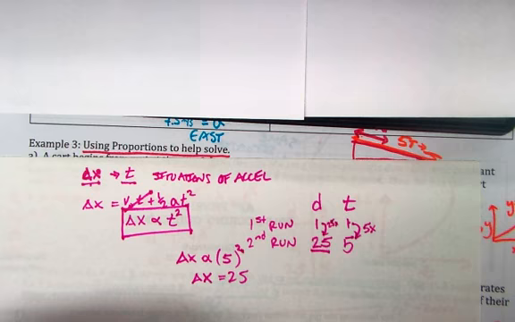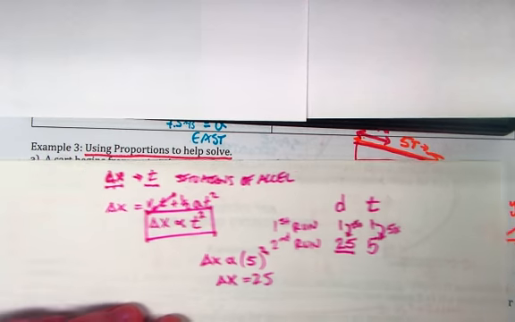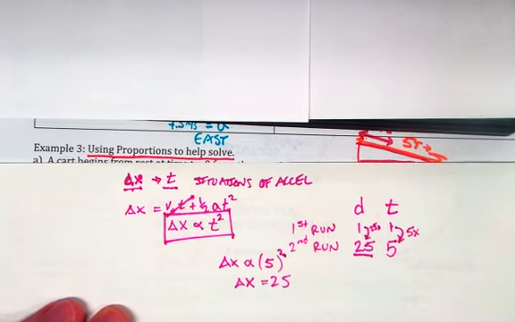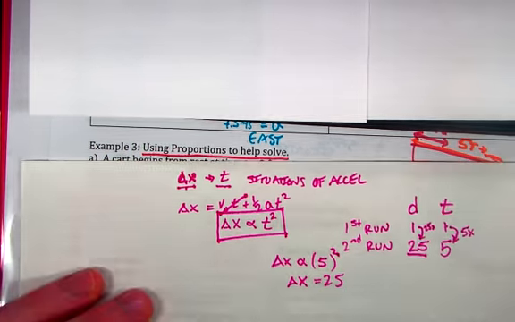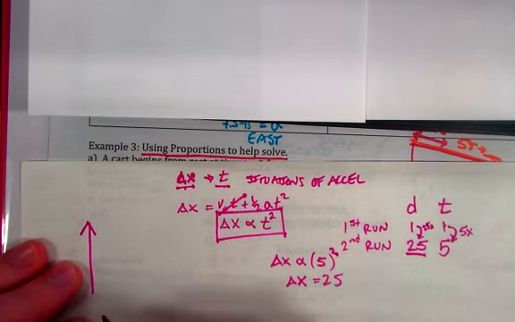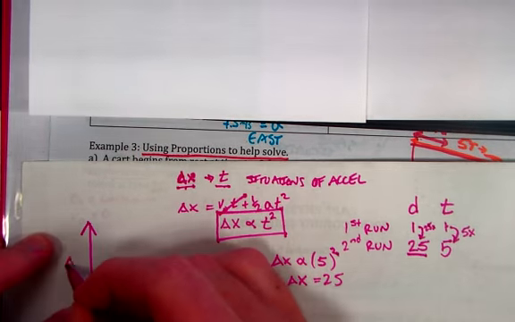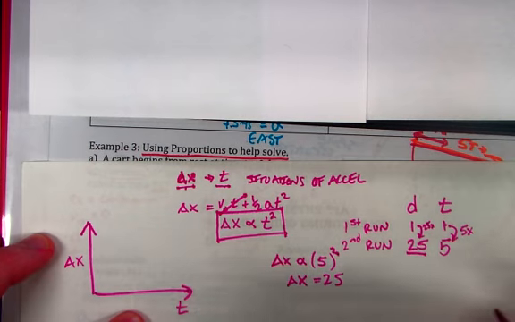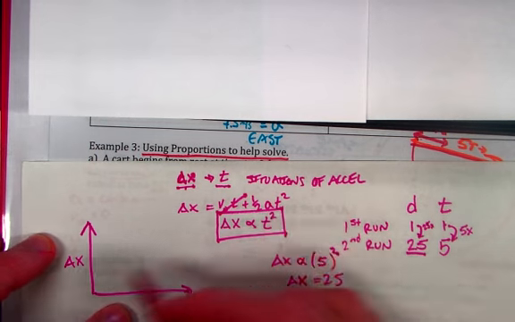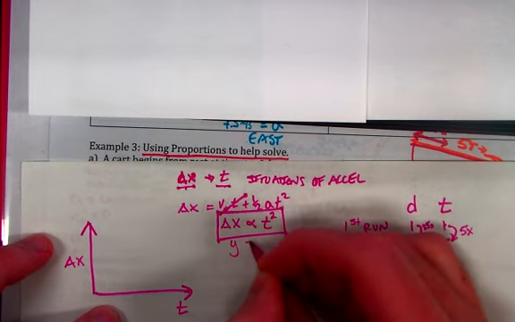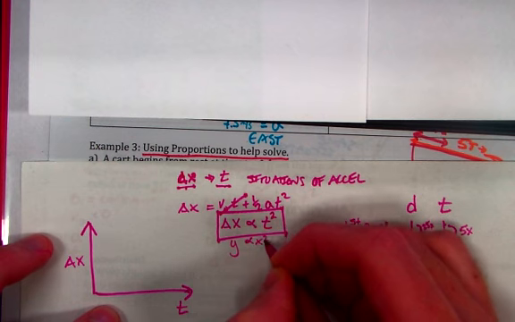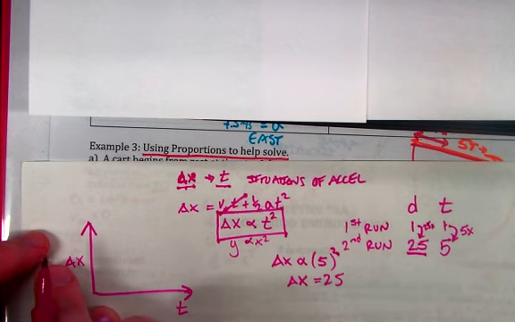Now, this is a pretty straightforward situation. I want us to practice seeing what the graph of this might look like. I'm going to focus again on delta x and t. Since it's t squared, just as if we were writing y is proportional to x squared, we would have y and x.